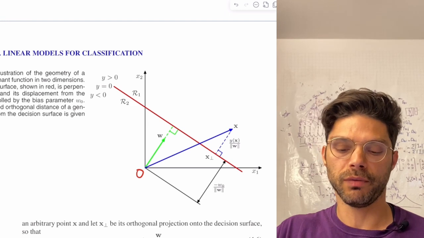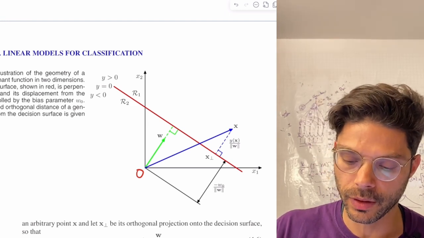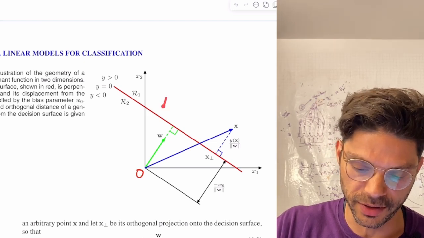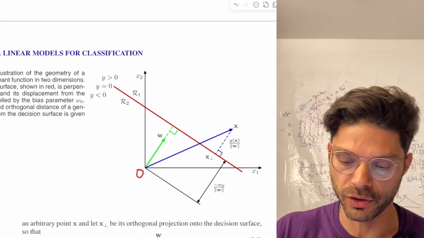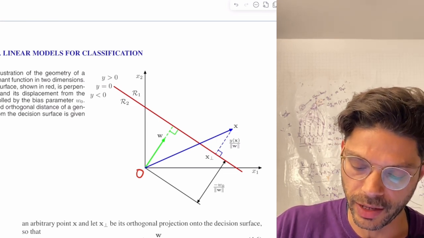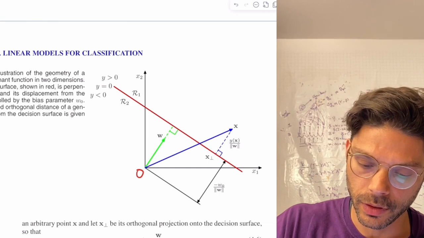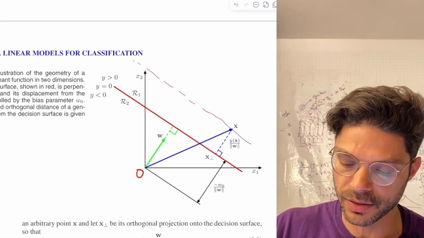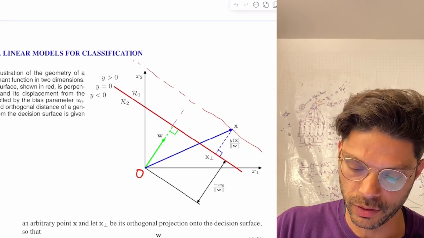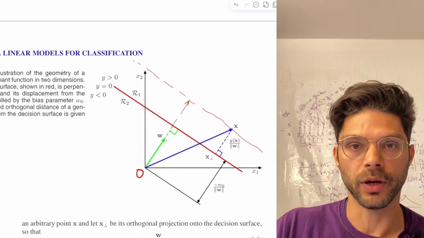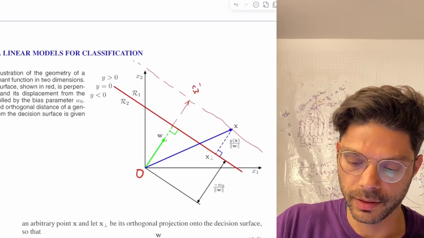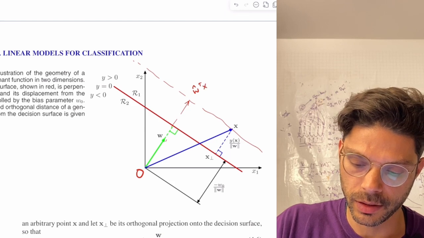And this is the y equals 0 decision surface. Now you want to figure out how far x is from the origin. Well, the way you do that is you project x onto this point, so this is going to be w hat transpose x times w hat.